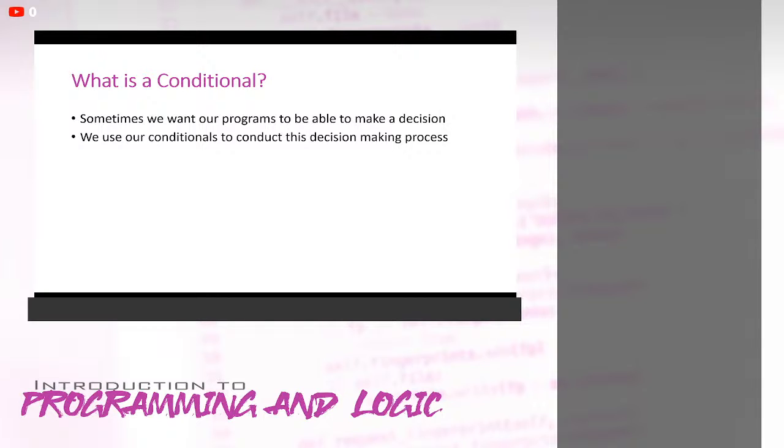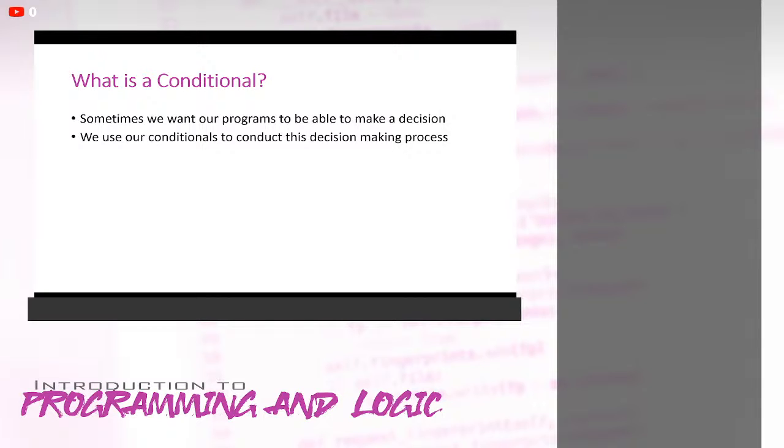Sometimes we want our programs to be able to make decisions, right? That's the big key point of working with conditionals. We give our computer the option to make decisions. So far, with flow of execution, everything's just been done top to bottom. We turned it upside down just a little bit with functions in Module 3, because we can call different functions in different orders, but the flow of execution is still relatively standard, top to bottom.